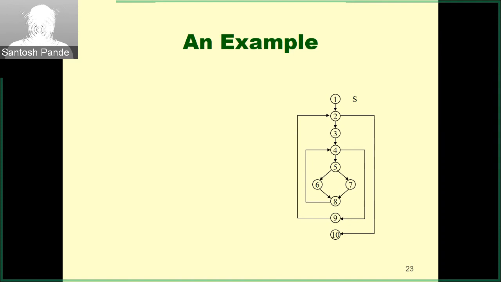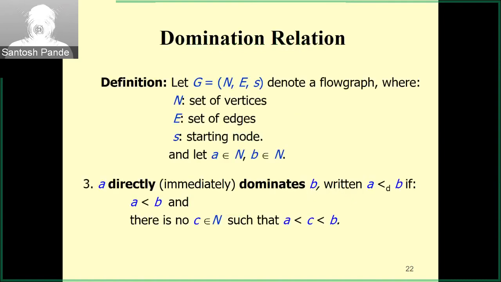And this gives us a hierarchy in terms of the regions where we are entering. We first enter the loop at 4, maybe then we enter the acyclic region at 5, and so on. So the direct domination gives us some kind of a hierarchy, and also allows us to form certain properties using that particular hierarchy.